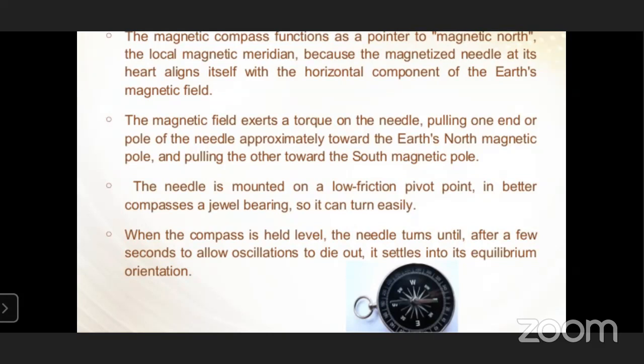See, when you look at the Earth, the south-north direction will be there. The needle is mounted on a low-friction pivot point. In a better compass, it is a dual bearing, so it can be turned easily.